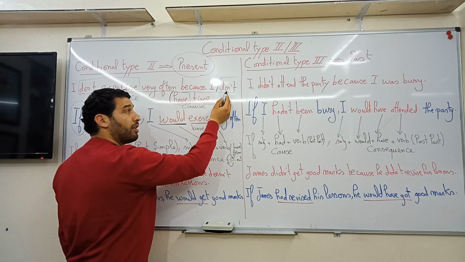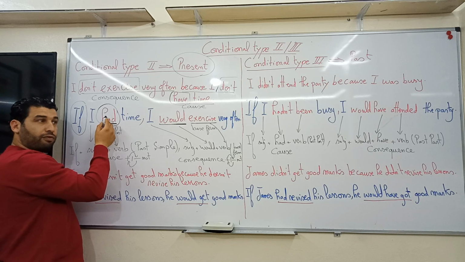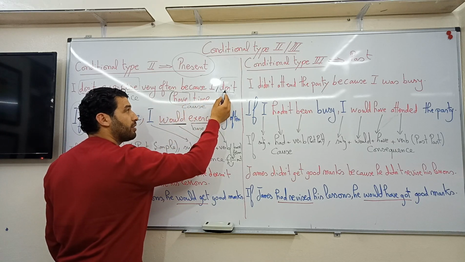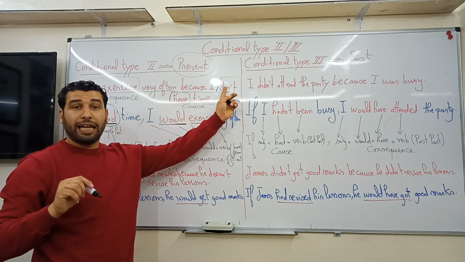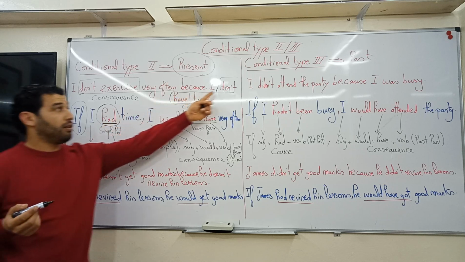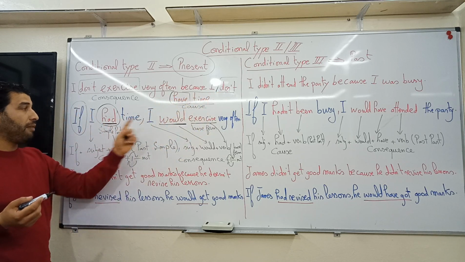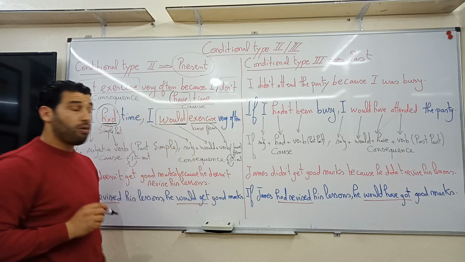If I have a negative form, I should change it to affirmative, and if I have an affirmative form, I should change it to negative. This is what we have here: I don't have time, if I had time, I would exercise very often. Here we have "would".